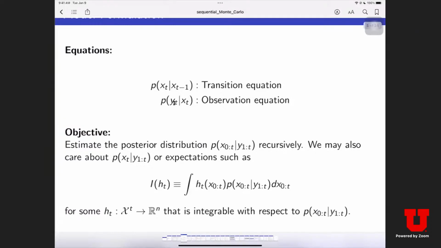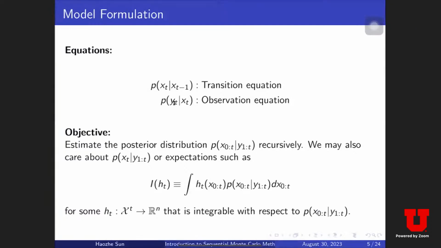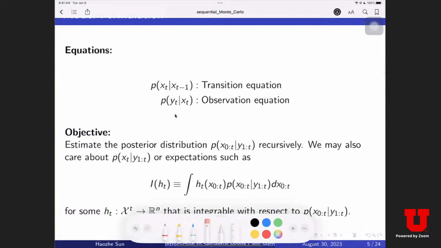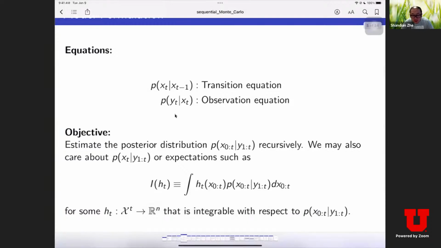Oh, okay, thank you. Our goal is to estimate the posterior distribution recursively. We also may care about the marginal distribution or an expectation such as IHT, which is defined as expectations. Basically, you want some statistics based on hidden states, for example the expectation of the summation of hidden states, or the expectation of the average.